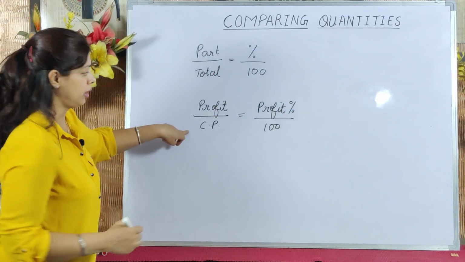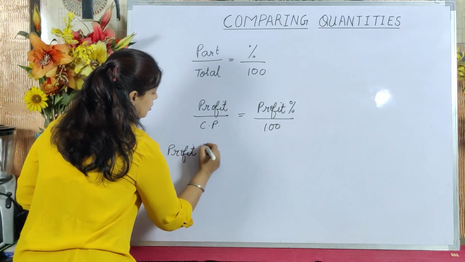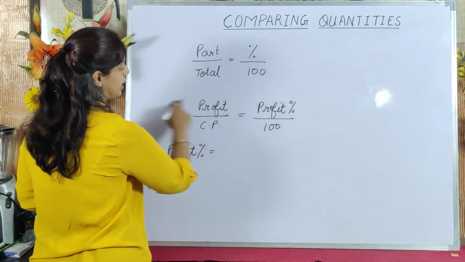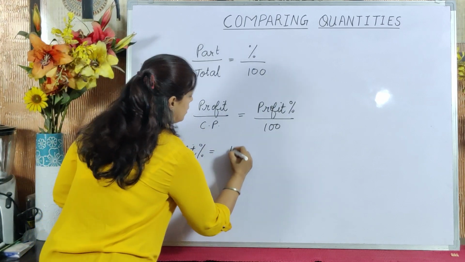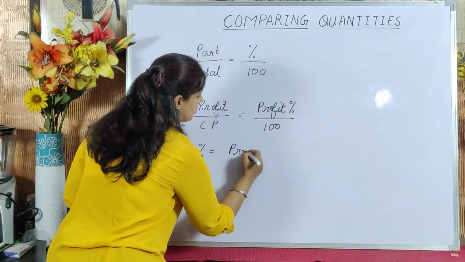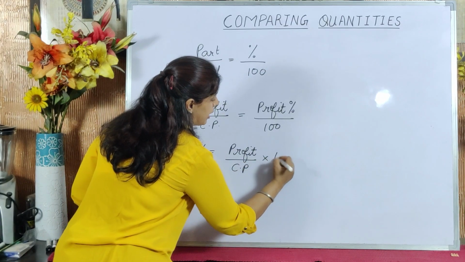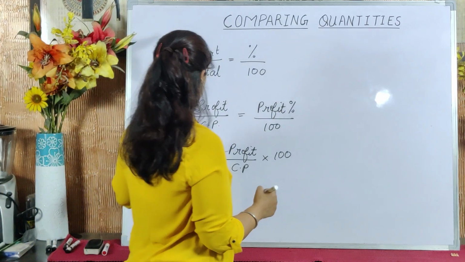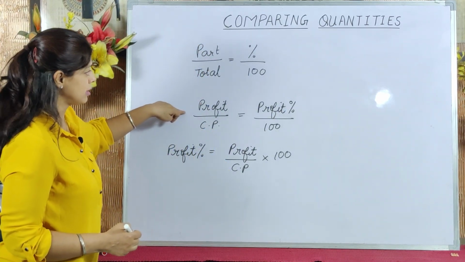And from this formula, you can find out the profit percent. Profit percent will be equal to what? Leave this over here, bring the 100 to the other side. Okay, so it will come in the numerator. That means profit upon cost price multiplied by 100. And similarly, for loss, instead of profit, we can write this as loss.